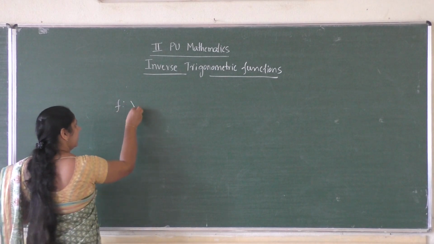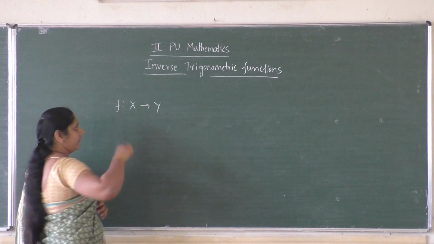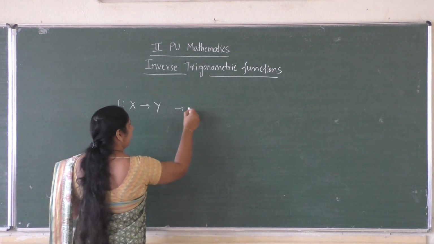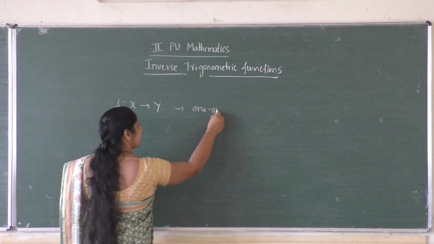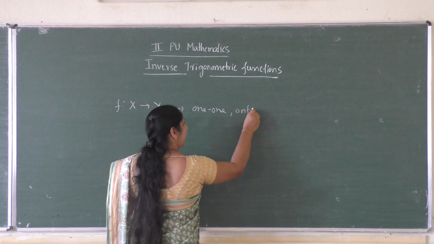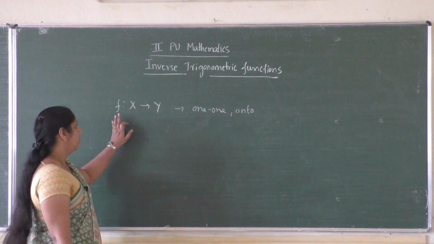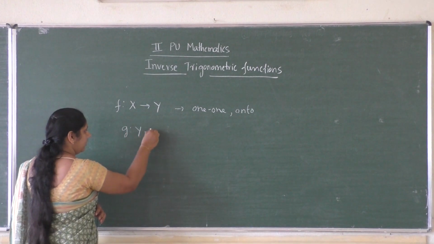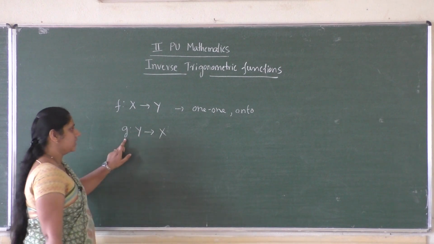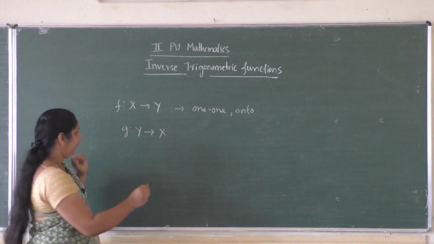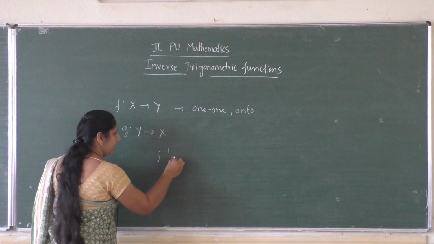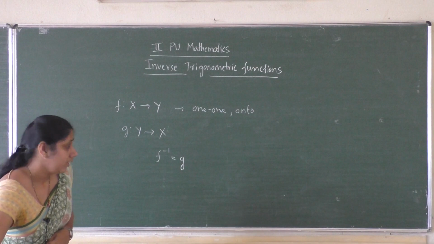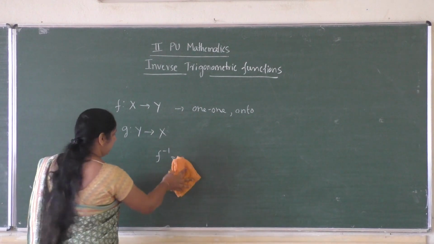Let f be a function from X to Y, and if f is both 1-1 and onto, then inverse of f exists, and that is a function g from Y to X. So this function is called the inverse of f, and f inverse equals g. This you studied in the relations and functions chapter.